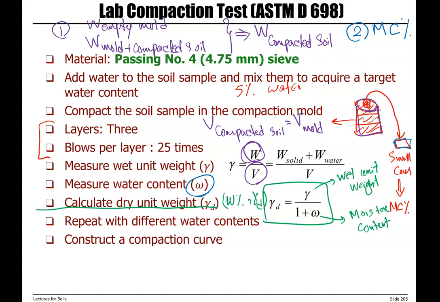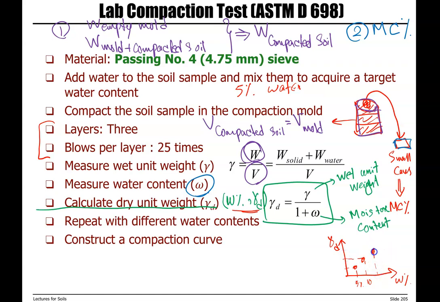We need to repeat this test multiple times because we are again trying to make this curve, gamma D versus water content. So we have our first data point with approximately 5% moisture content. Then we need to add more water and see what is our dry unit weight at 10%.